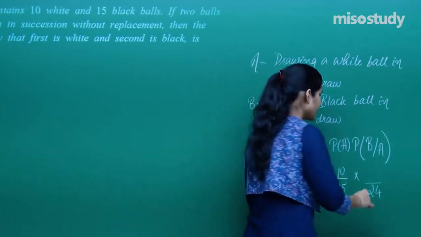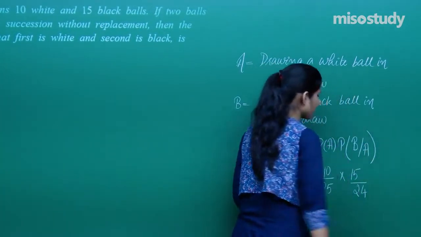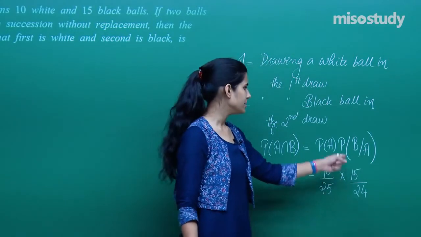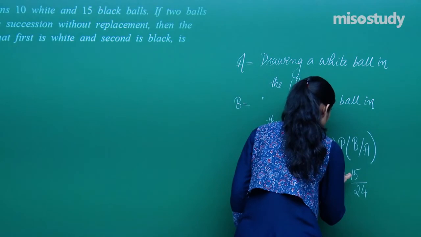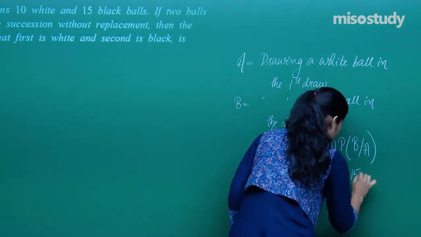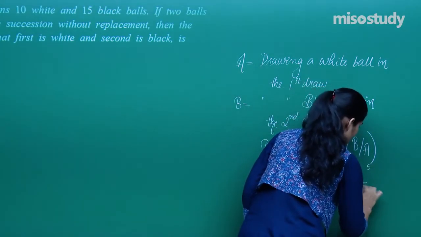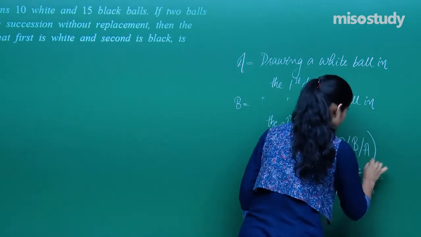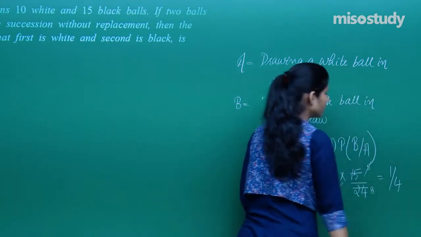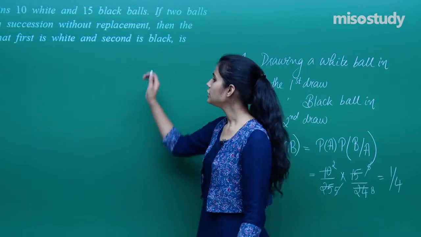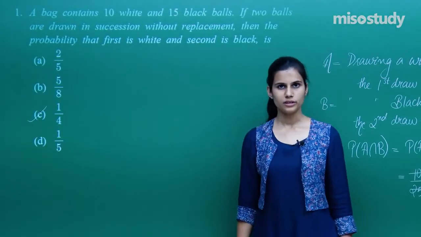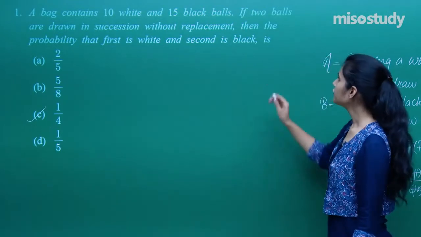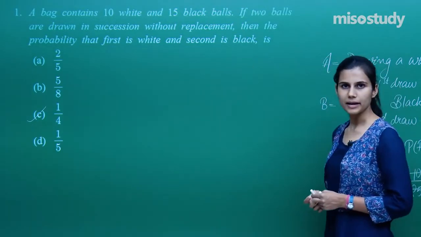So 15 by 24 is your probability of B by A. When you find this number out, this becomes 1 by 4. So probability of A intersection B is actually 1 by 4. Clear? That is the probability that the first ball is white and second is black.